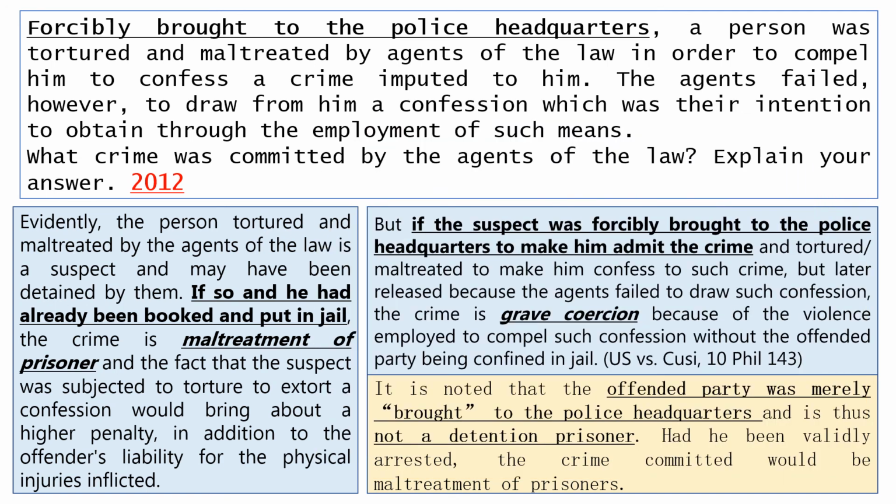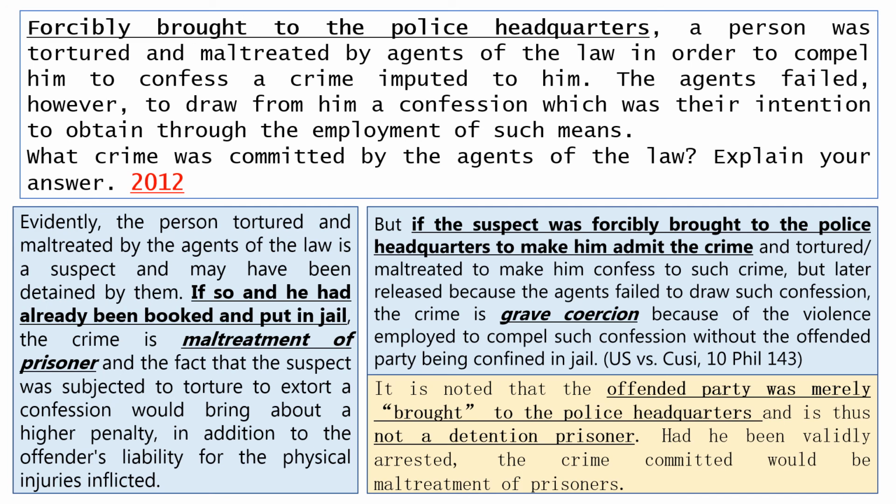And the agents of the law in that case would also not be liable for Article 235. In our facts, the offended party was merely brought to the police headquarters, therefore he is not a detention prisoner. The agents of the law are guilty of grave coercion.